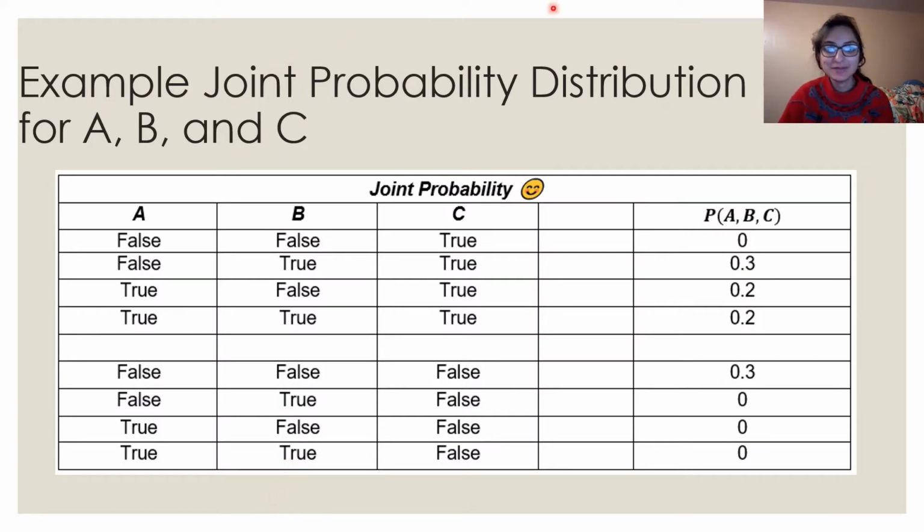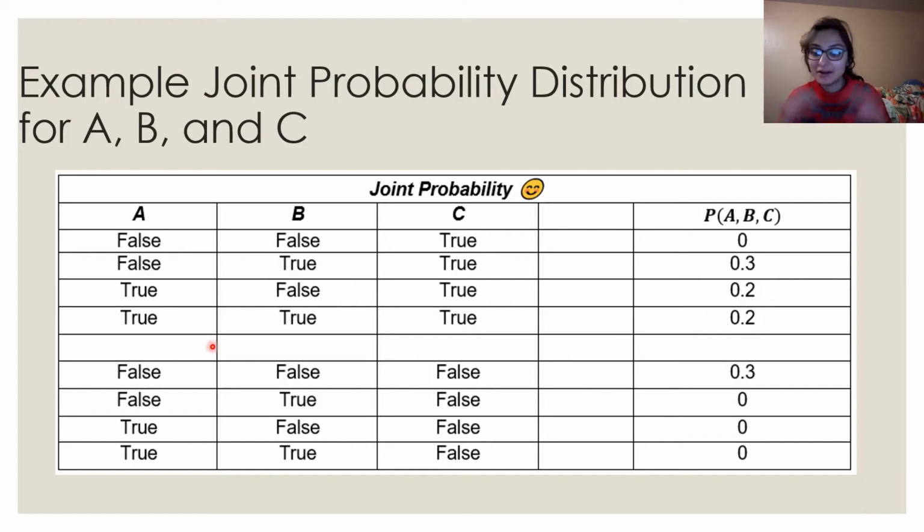Here is the joint probability distribution for A, B, and C in this example. We can see that A is false, B is false, and C is true, and the probability of all of that is 0. Of A being false, B being true, and C being true, all of that is 0.3. The probability that A is true, B is false, and C is true is 0.2 or 20%.